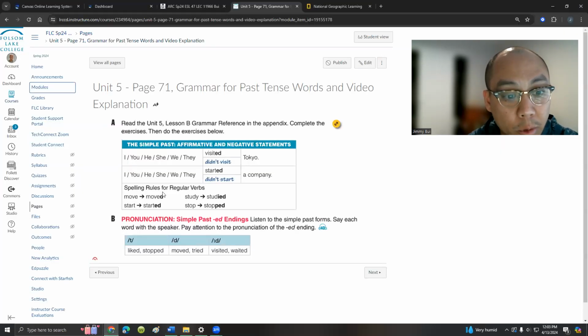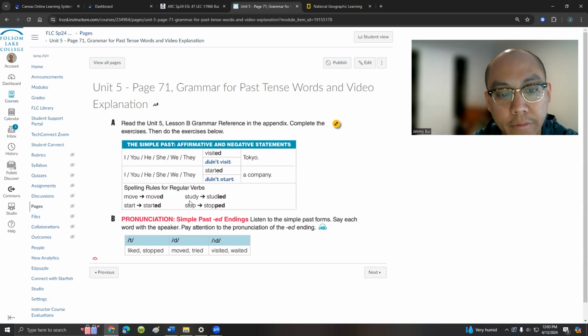Continuing here, spelling rules for regular verbs. So notice when a verb ends in the letter E, the vowel E, you do not have to add ed again. So you just add the D. Okay. When we have here a regular verb that ends in a consonant, okay, so double consonants, so two consonants, R and T, ED.